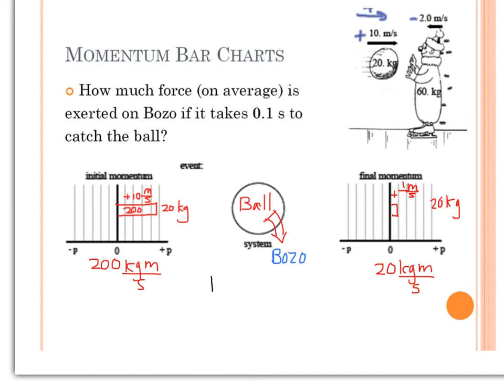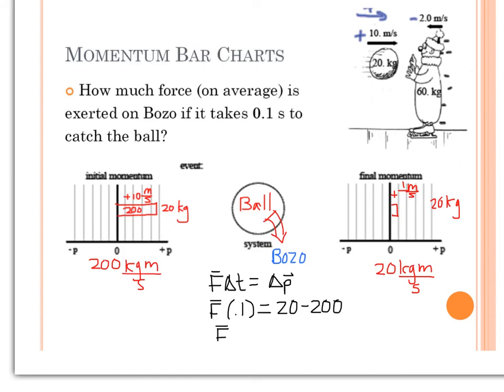So the ball must have lost momentum, or transferred some of its momentum to Bozo. Impulse, which is an average force times the time, is equal to the change in momentum of an object. So the impulse that the ball experienced is equal to force times 0.1 seconds, and the change in momentum, final, 20, minus initial, 200.